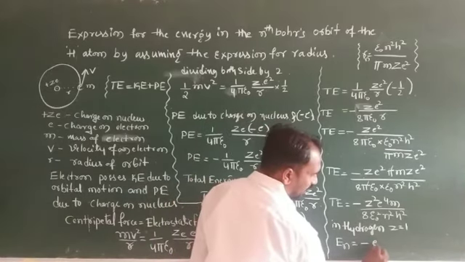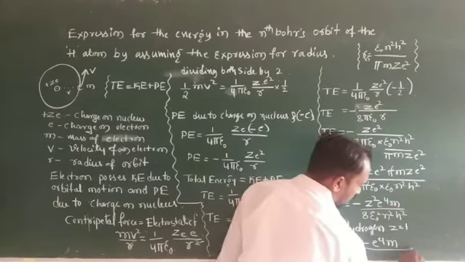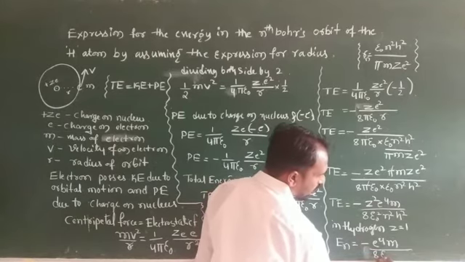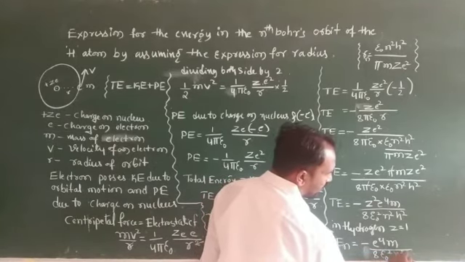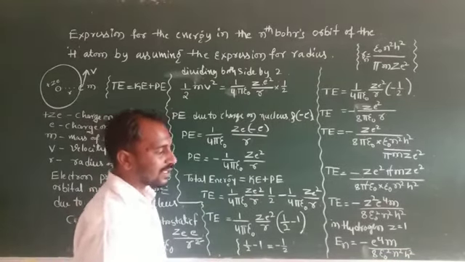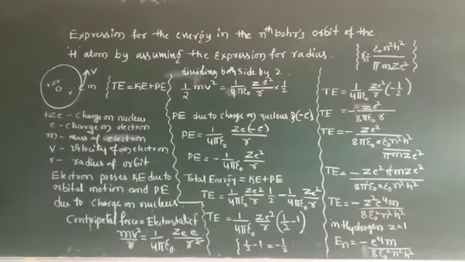So e raised to 4 into m divided by 8 epsilon naught square n square h square. Suppose we consider the first orbit, n value is 1. Suppose second orbit, n value 2. So this is the derivation of the energy of the nth orbit. Take one screenshot.